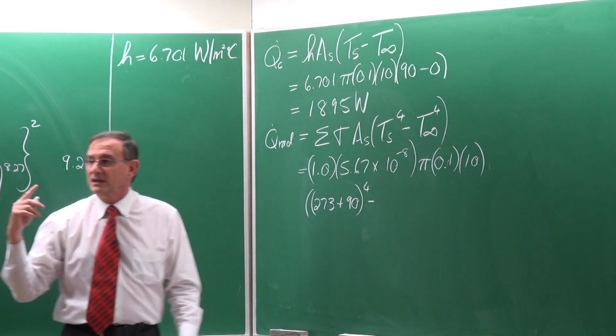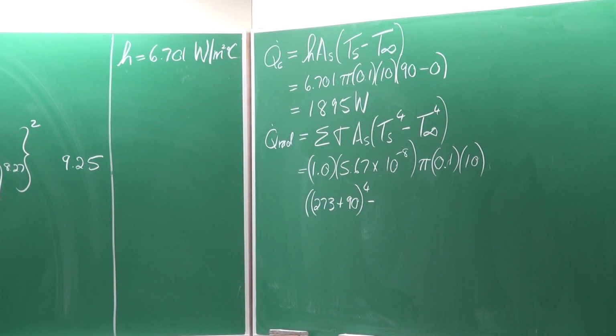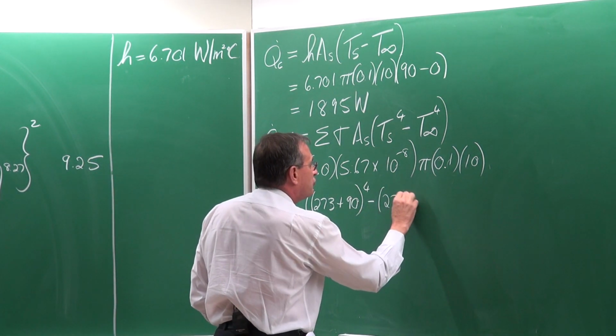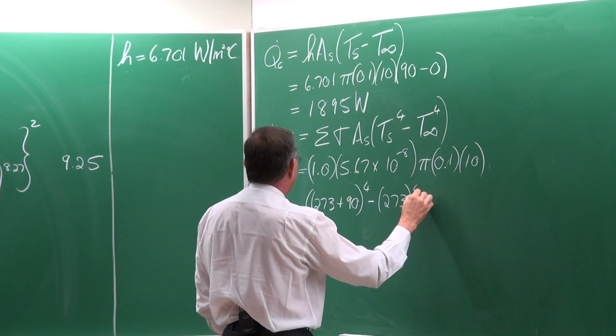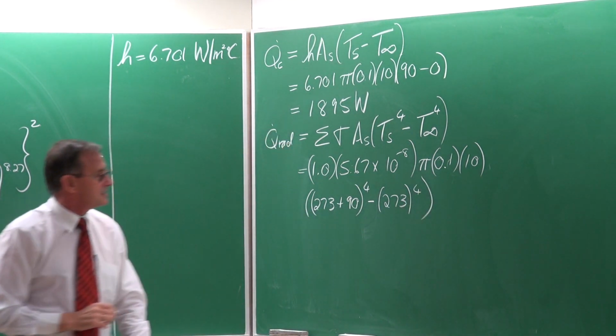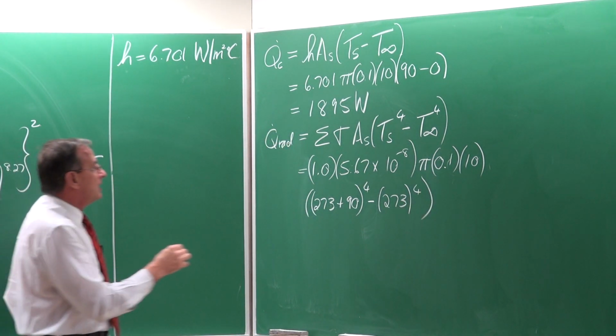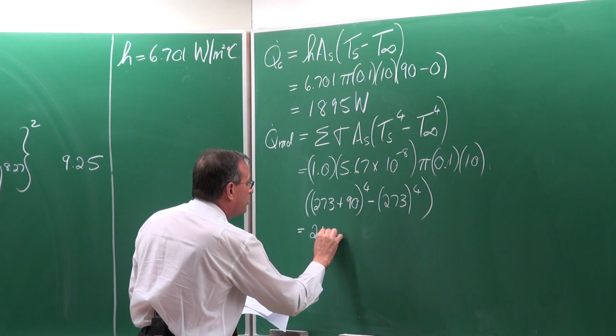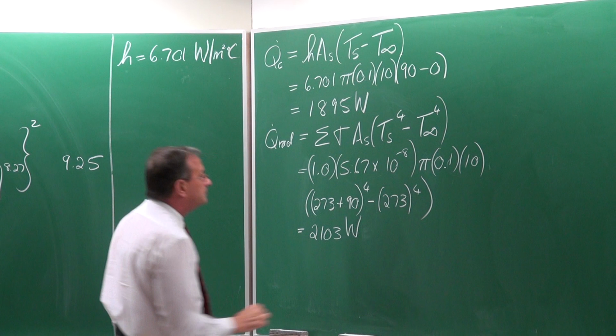Take note, not in degrees Celsius, but in Kelvin, minus 273 to the 4th, because it's at 0 degrees Celsius. And there's the equation. If we calculate the radiation heat transfer, it would be 2,103 watts.